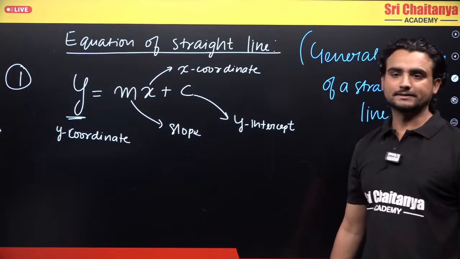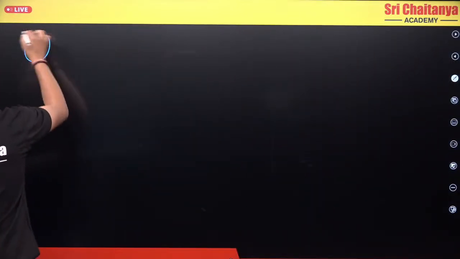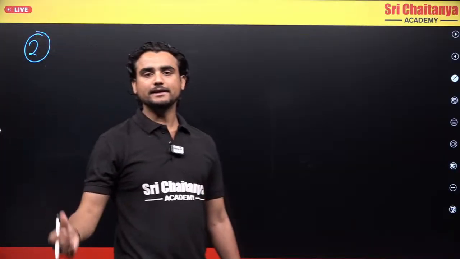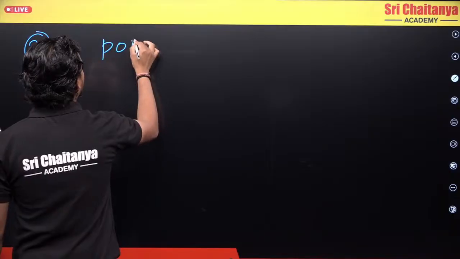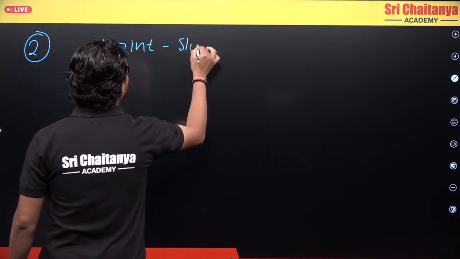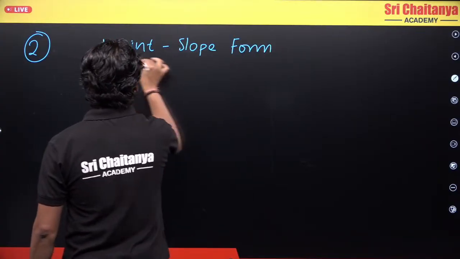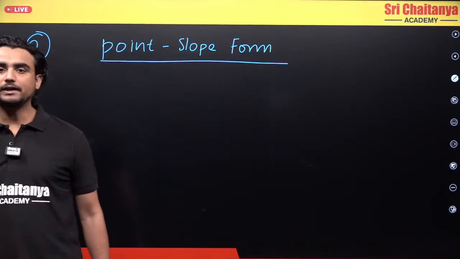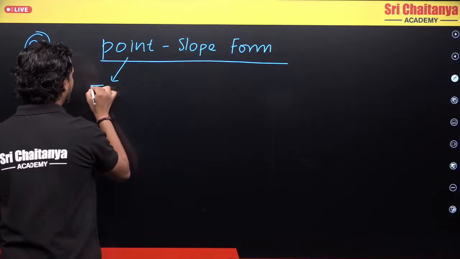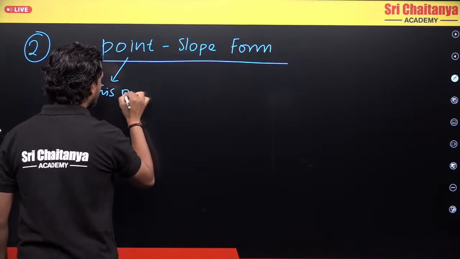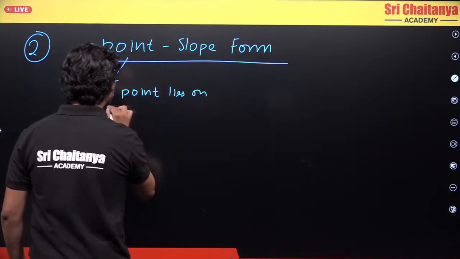Now, what was the next thing? The second equation was the point slope form that we did yesterday. The point slope form talks about a point that lies on the straight line.